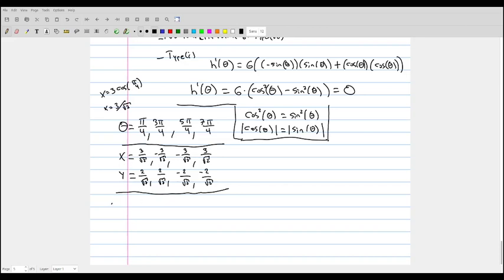And lastly, we'll write down the function values at each one of these points. The function value at this first point at pi over 4 is going to be, the function, remember, is f of xy equals x times y. So it'll be 6 over the square root of 2 times the square root of 2, or 2. So that's just going to be equal to 3.